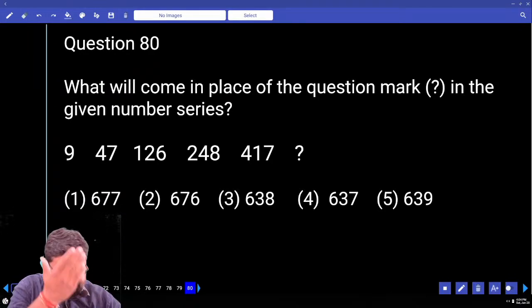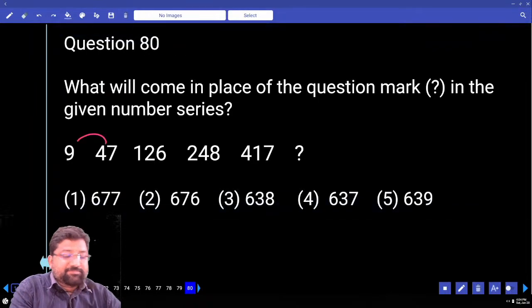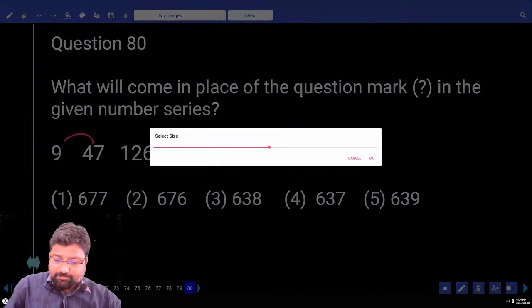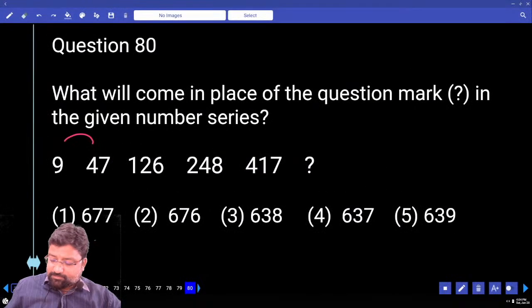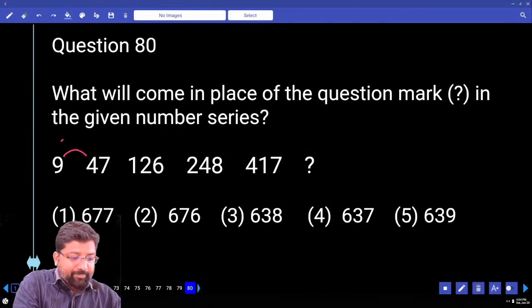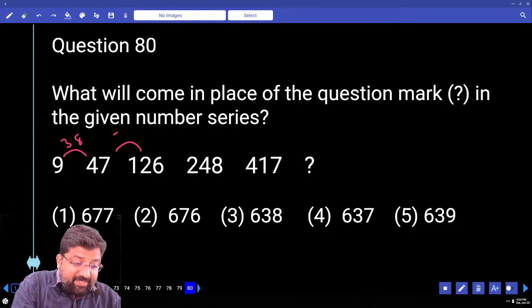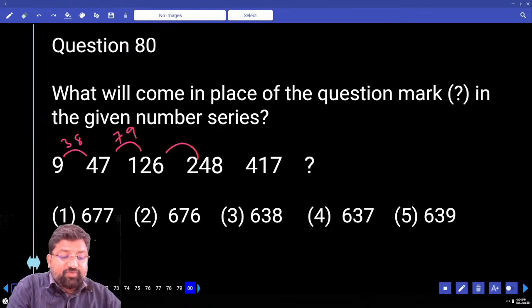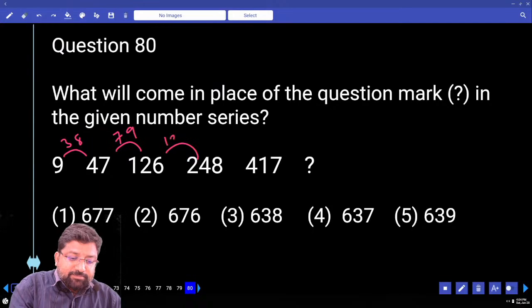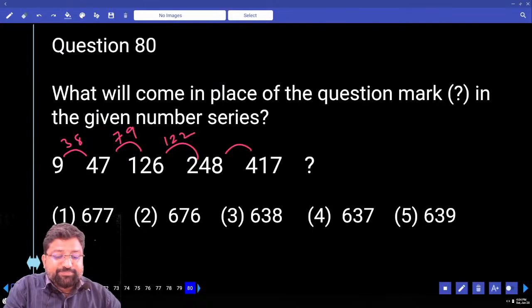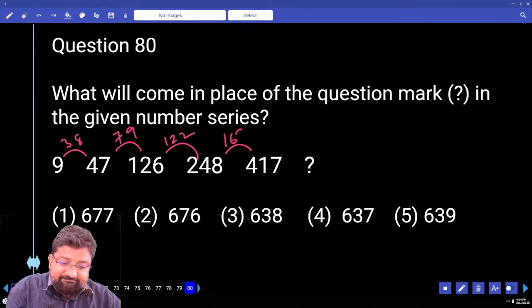Difference. 38. 79. Very good. 122. 169. Okay.